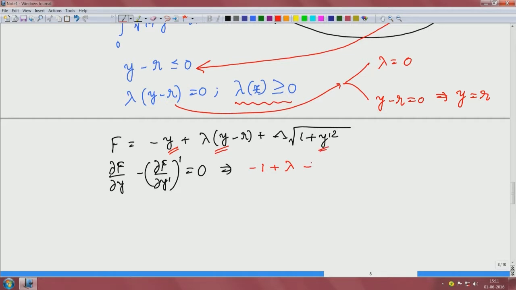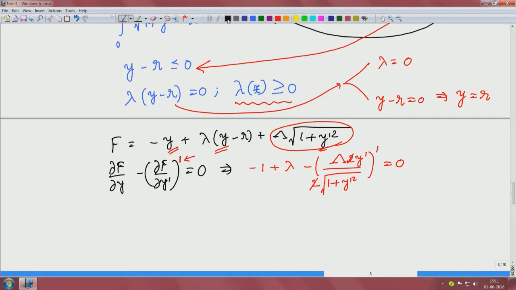So, I have to write minus d by dx of dou f by dou y prime. I am taking the derivative of this one with respect to y prime, that will give me the square root of 1 plus y prime square, there will be a half here, there will be a 2 y prime, let me write it anyway, because we take the derivative with respect to y prime, there is y prime square there, that gives 2 y prime, and this 2 gets cancelled, okay, and then the whole thing's derivative, that is what we have here, right, that is equal to 0.